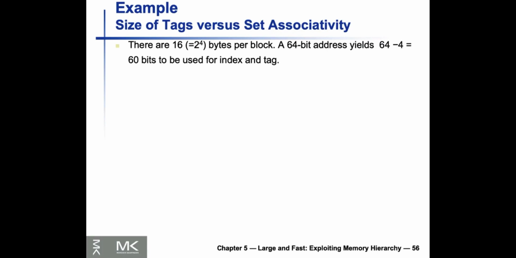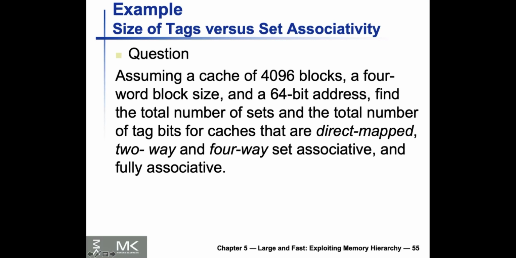Okay, so overall we had a 64-bit address, so we need to use 4 bits of that address for the block size, or the offset, right? We have to address 16 bytes in a 4-word block, so we need 2 to the power of 4, and we're going to subtract that from the number 64.